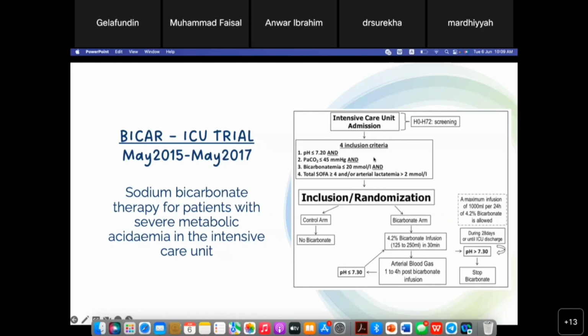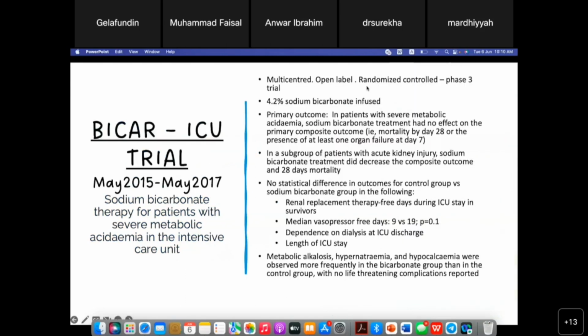In addition, the patient had a SOFA score of 4 or more or lactate more than 2, and then they were randomized into two groups: the control group receiving no bicarb, and the other receiving 4.2% bicarb. They used 4.2 instead of 8.4. So this is a multi-centered open label randomized controlled trial using 4.2% sodium bicarb.